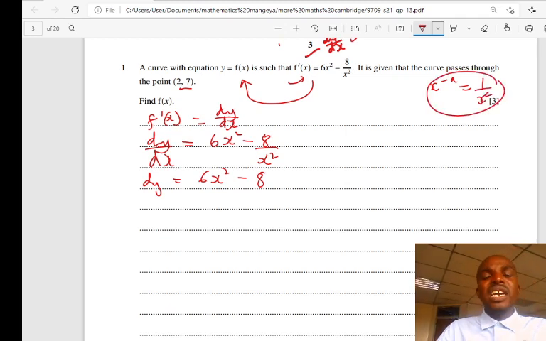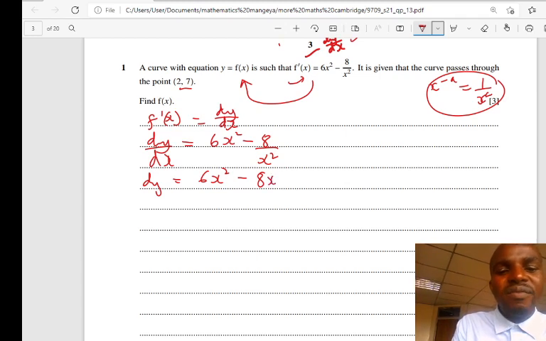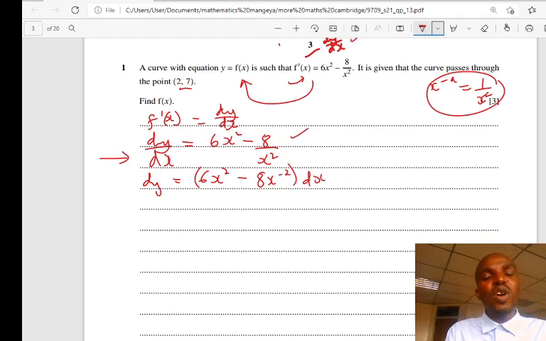Any number raised to a negative power is the same as 1 over the same number raised to a positive power. So I can just give the power negative, like this. Then I will multiply by dx on this side. The dx was dividing on this side, so on the other side it will multiply. Then you are done.